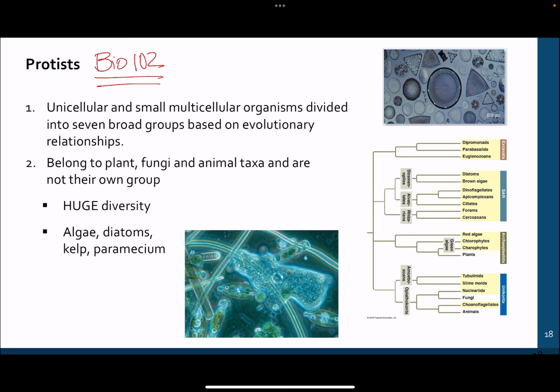So I would like you to know the 3 domains. Their domains can be separated into supergroups. We are not going to talk about those in this class. I do want you to know the eukaryotic kingdoms, those 4 kingdoms that we just talked about. And then when you get to Biology 102, you'll learn about all those things in the middle.